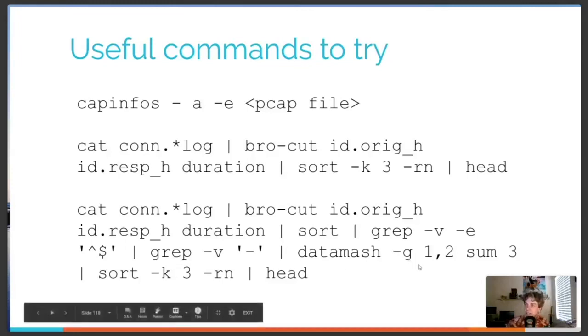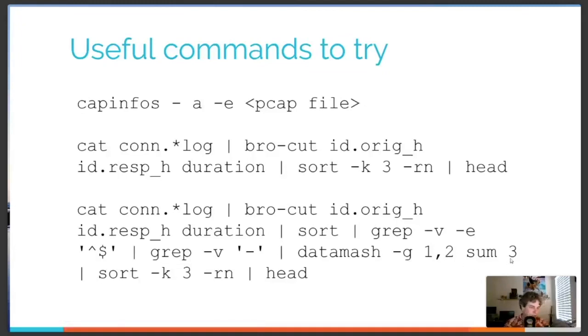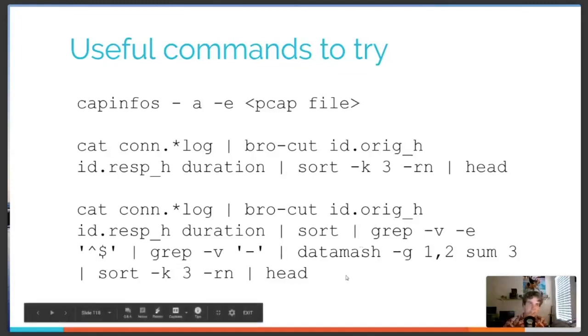And datamash is saying anytime the source IP and destination IP address are the same, add together all of the durations. So now instead of seeing maybe 5 entries between 2 IP pairs where they had 5 different conversations, I'll see one entry, and that one entry will be the cumulative time, or all 5 of those durations added up together. Sort it out, print it to the screen.